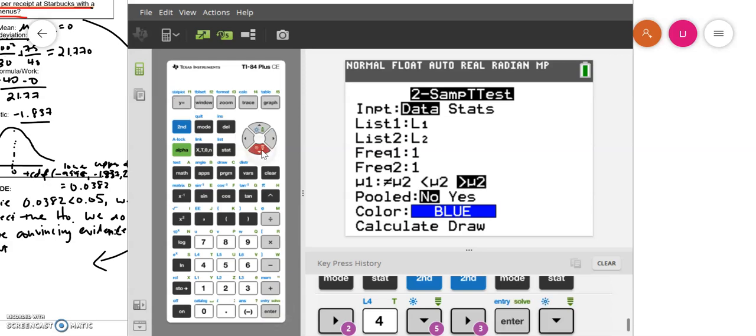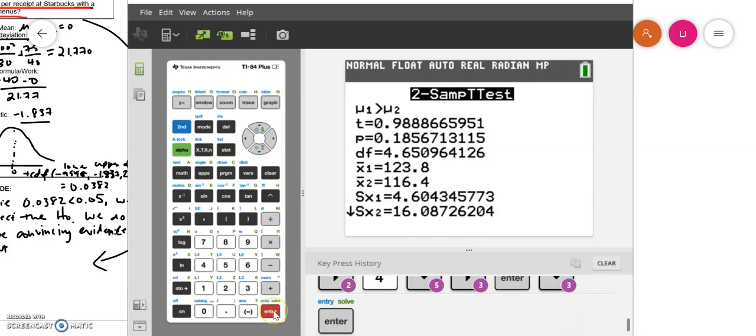Remember, pooled, leave it as no. That's not something you're going to use. And calculate. It will tell me my x bar 1, x bar 2, sx1, sx2. So this way, when you have straight data, the two sample t-test will be able to calculate that stuff for you and save you some time.